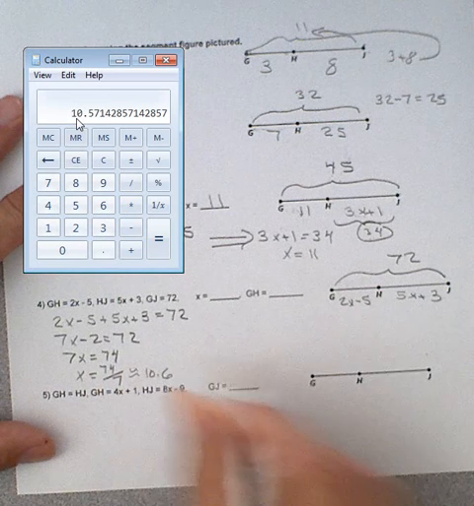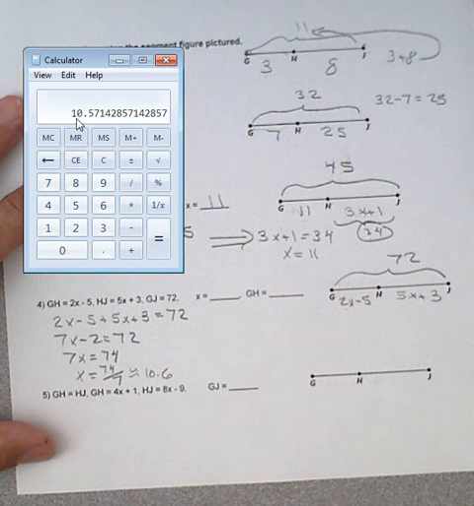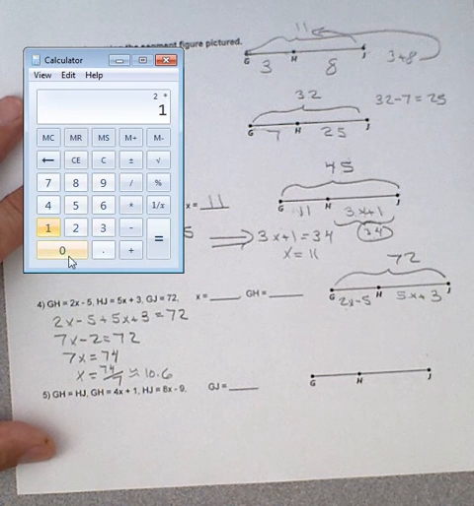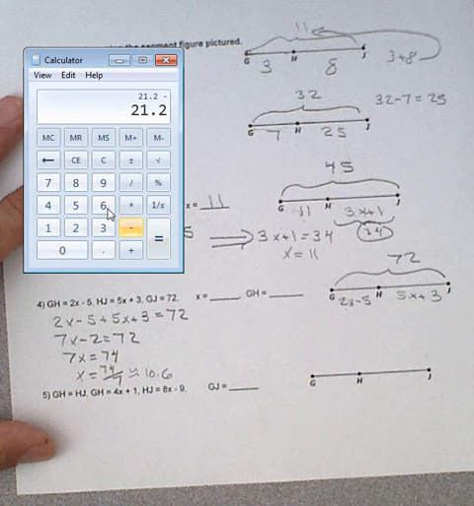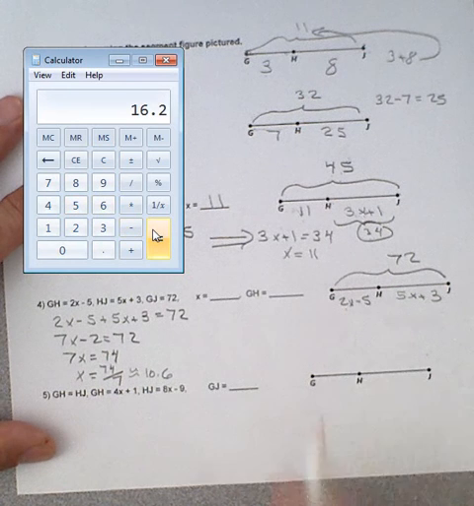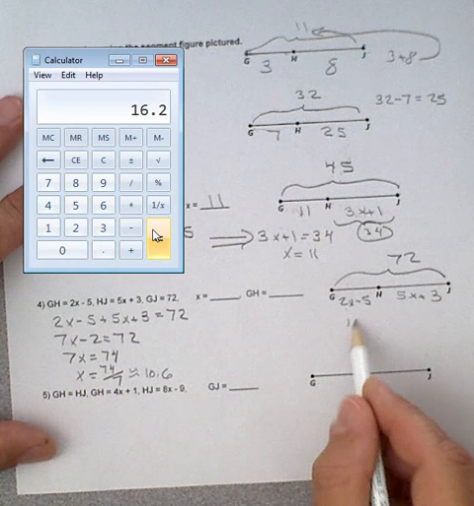And if I put 10.6 in here for a moment, then 2 times 10.6 is, and then take away 5, 16.2 for this expression.